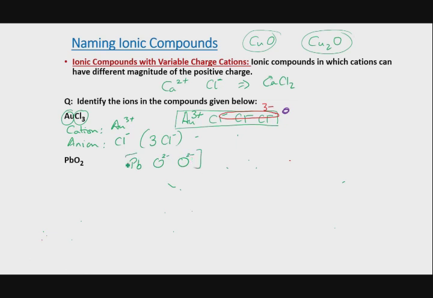And please remember, the entire formula unit should have a charge of 0, which means that the lead ion must have a charge of 4 plus. So the cation in this case is Pb4 plus, and the anion is oxide, O2 minus, or you can say also that there are 2 O2 minuses because there are 2 of those.